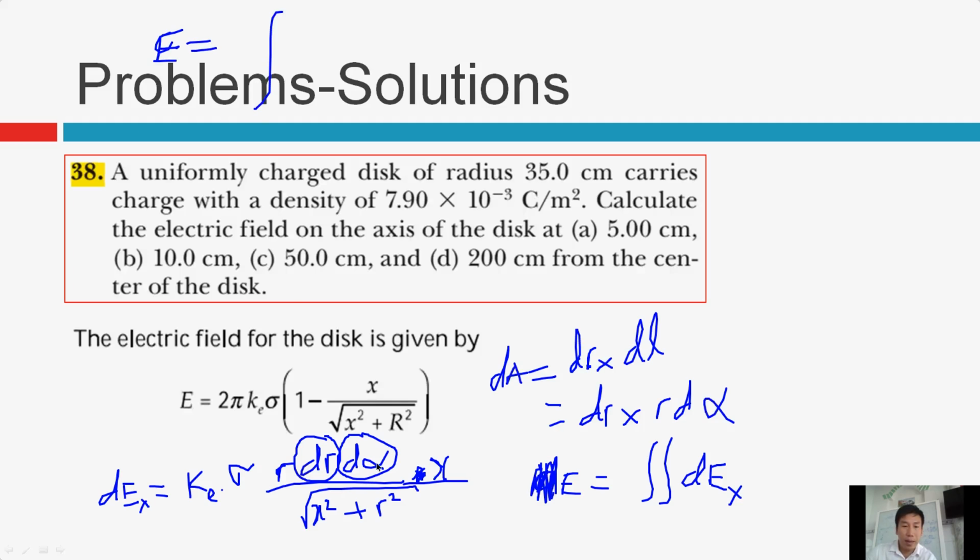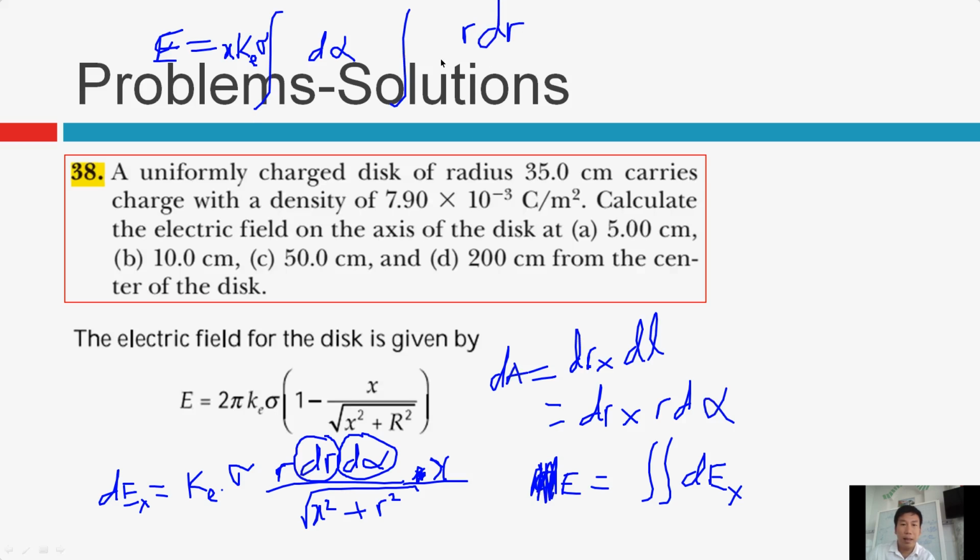The alpha is independent, right? So I have d alpha. k_e is a constant, sigma is a constant, so I put them outside. And inside, h is constant, right? So I can put h outside.